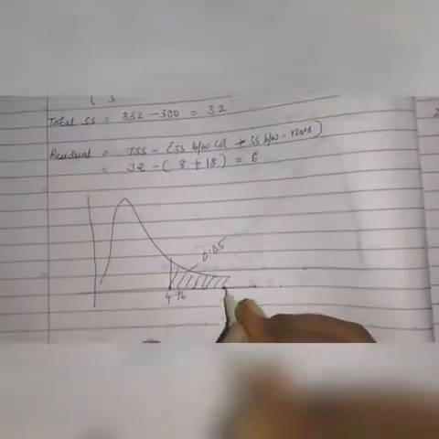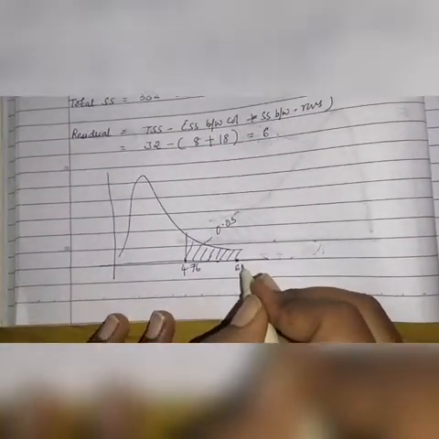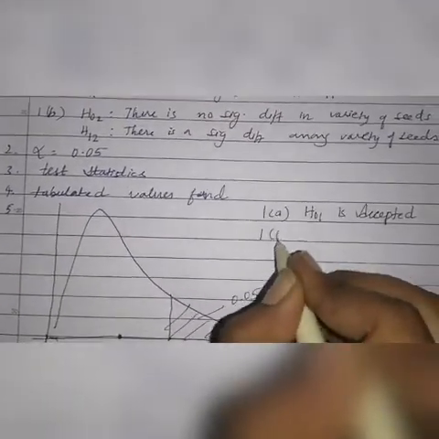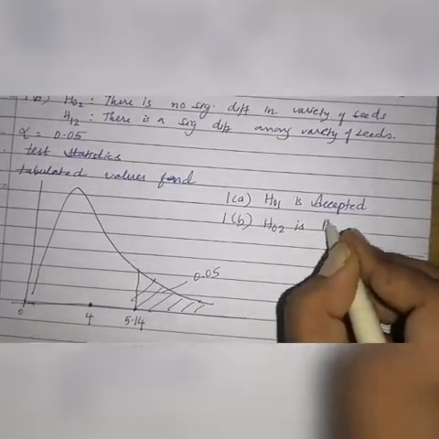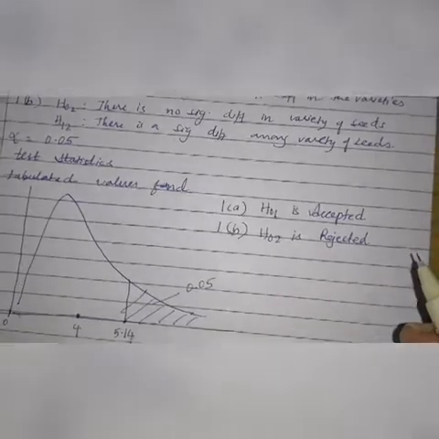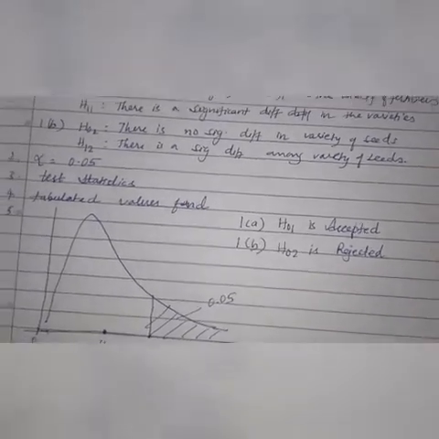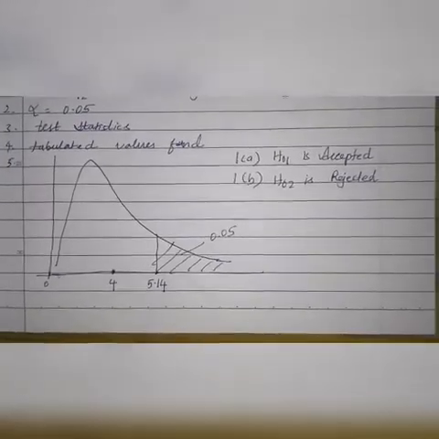So it falls somewhere here, in the rejection region. So we will reject the null hypothesis in this case. So for the second hypothesis, H02 is rejected. So this is how you use two-way ANOVA to make a judgment on the hypotheses that have been written.